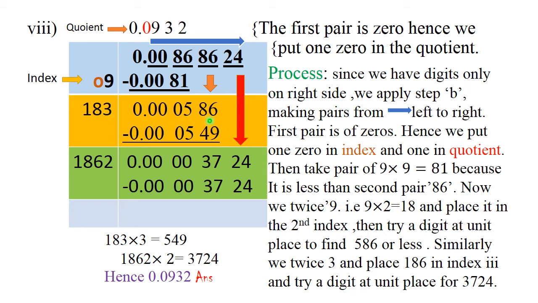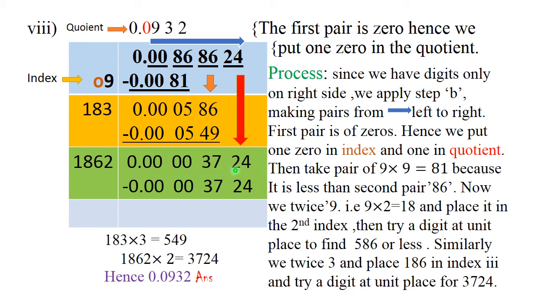Trying it, we get 3 and then it becomes 183. Now we multiply 183 with 3 and we have the answer 0.000549. Subtracting it, we get 0.00003724.